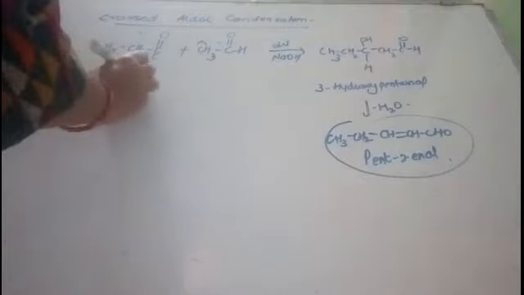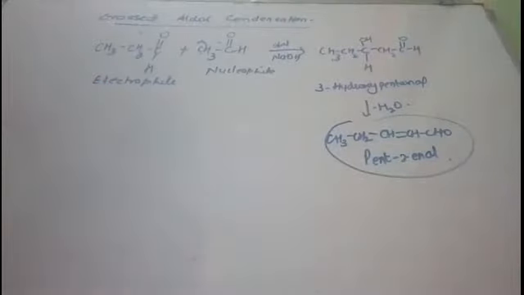Now these propanal molecules can also react with themselves. Here this is acting as an electrophile and this is acting as a nucleophile. Now what will happen? This propanal molecule can react with itself also.